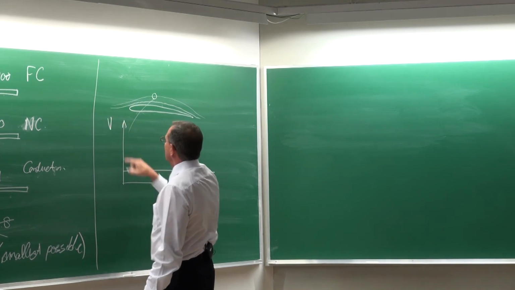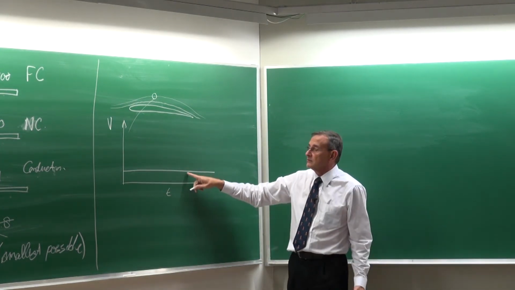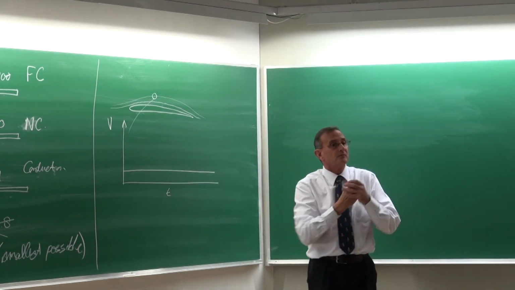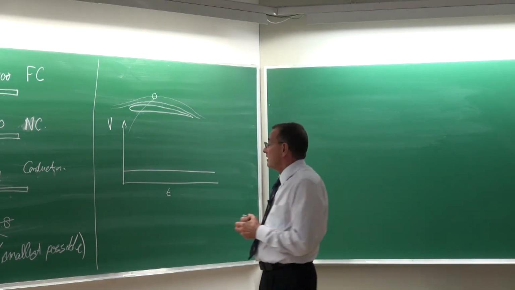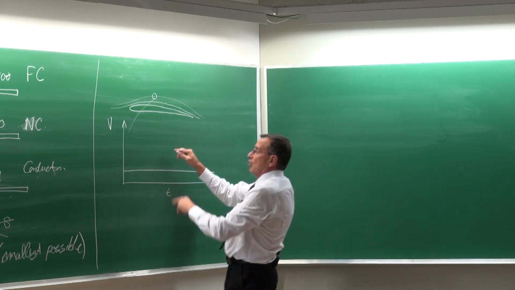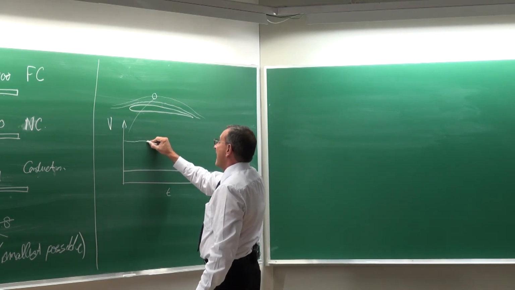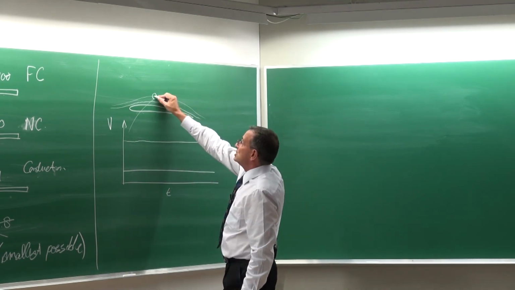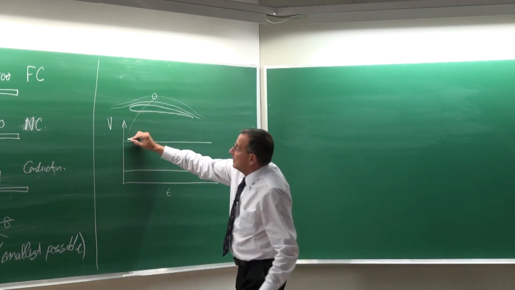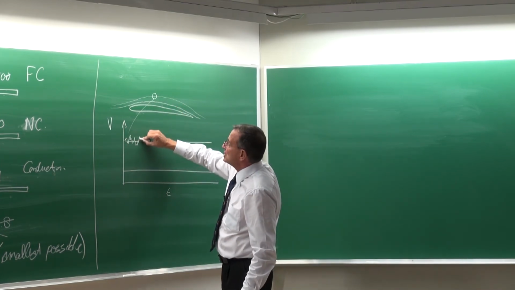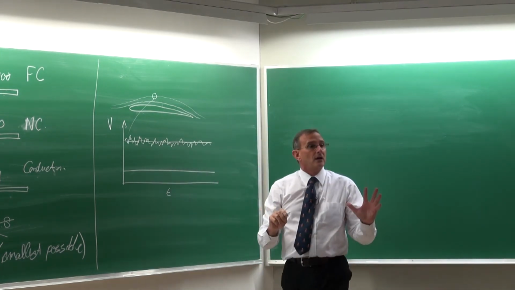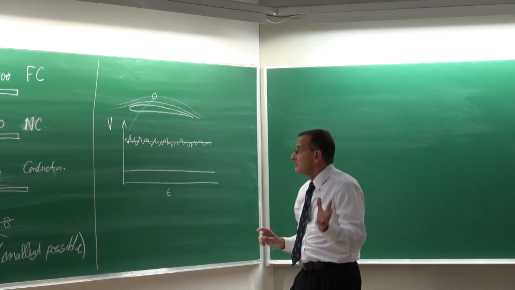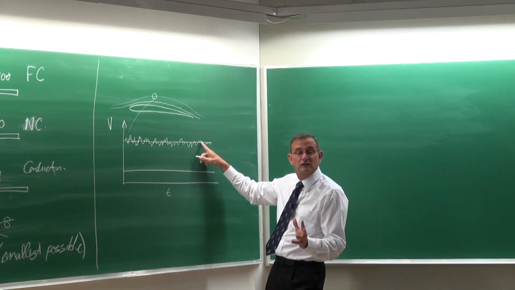Even with the best instrument, it would be a constant. If it's turbulent flow, it will be at a larger velocity, and the average would be constant, but we will have fluctuations around this average. You remember? That's the difference between laminar flow and turbulent flow.